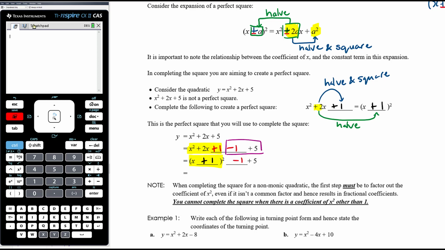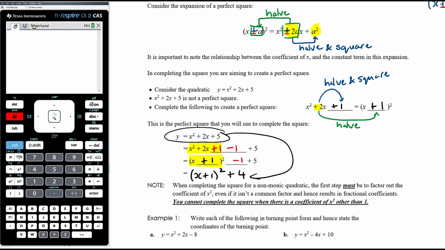It's still going to be negative 1 plus 5, and you can simplify that at that one point. So the perfect square is x plus 1 all squared, and then we've got minus 1 and plus 5 out there, so plus 4. So this expression can be written in turning point form as this, through the process of completing the square.